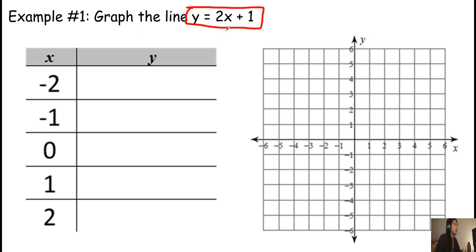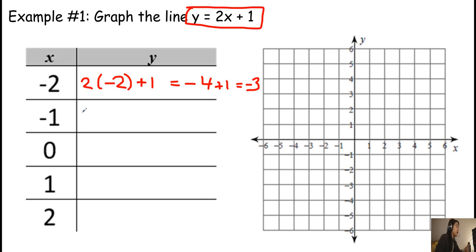So in this case, if x is equal to -2, then y is going to be the answer to the substitution of having -2 for x. So we would have 2 times the x value, which in this case is -2, plus 1, and then that answer is our y value. So in this case it would be -4 plus 1, which is -3.